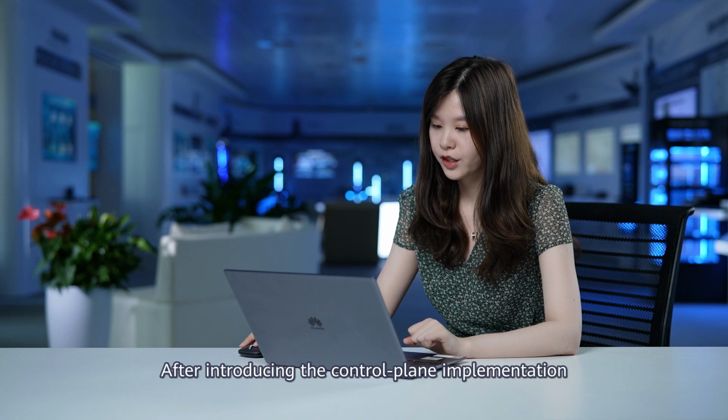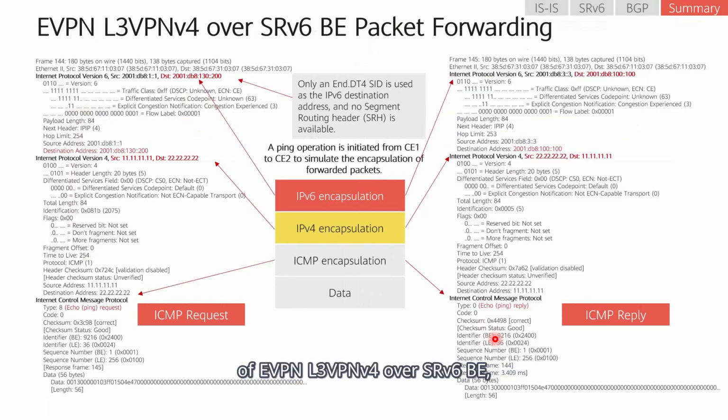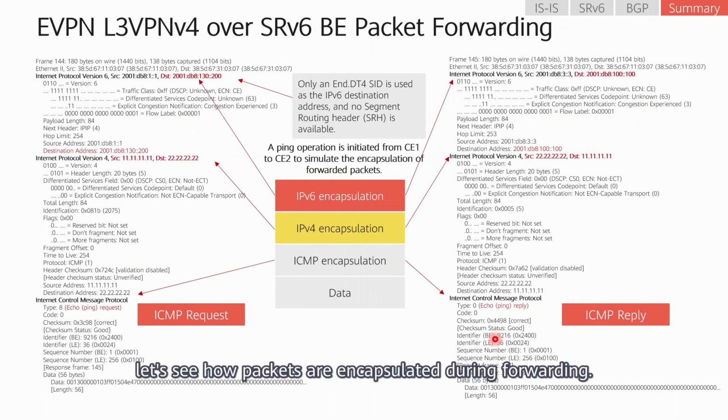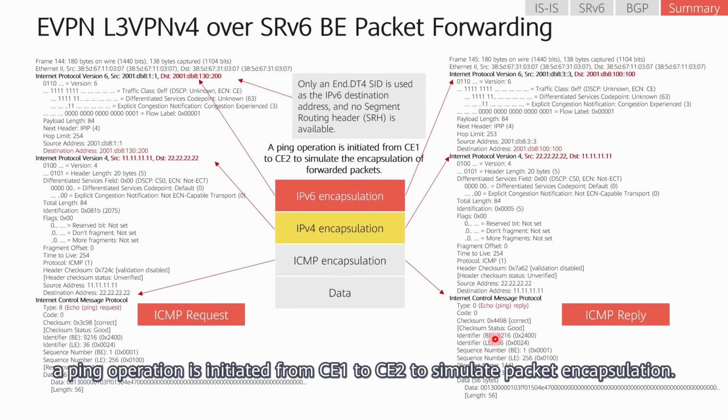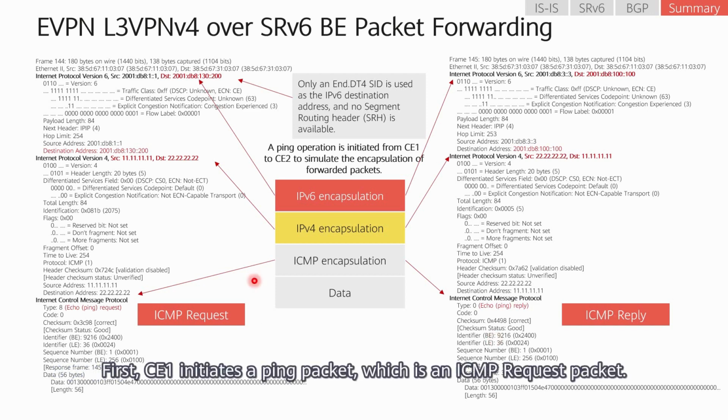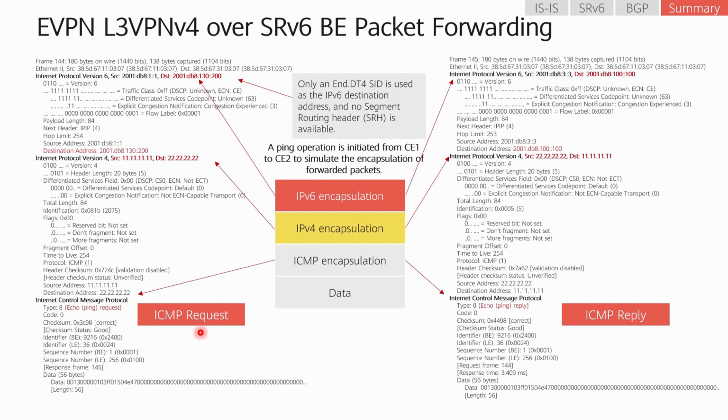After introducing the control plane implementation of EVPN L3VPNv4 over SRv6 BE, let's see how packets are encapsulated during forwarding. In this example, a ping operation is initiated from C1 to C2 to simulate packet encapsulation. First, C1 sends a ping packet, which is an ICMP request packet.